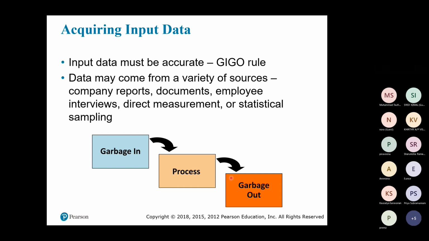But in acquiring data, we have to remember one rule: garbage in, garbage out. What does that mean? It means that the input data must be as accurate as possible so that we get output data that is as accurate as possible.